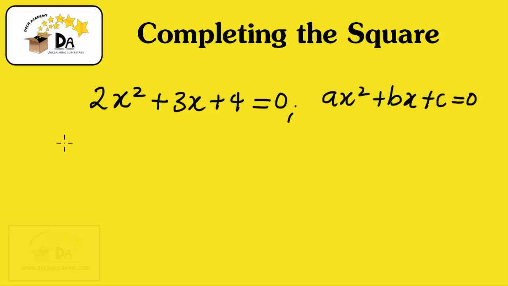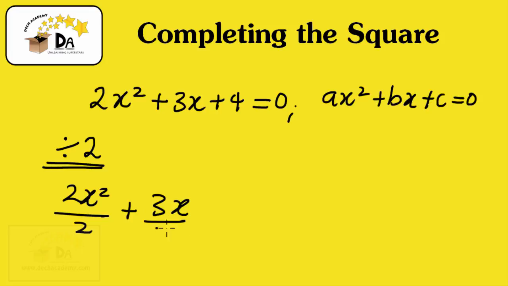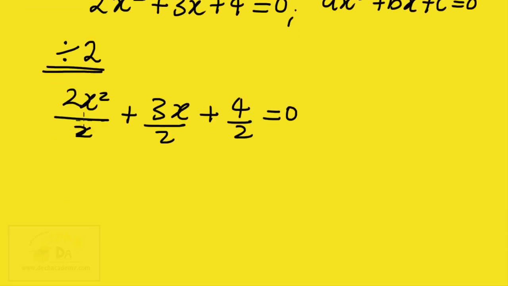So dividing this equation through by 2 gives 2x squared divided by 2 plus 3x divided by 2 plus 4 divided by 2 equals 0 divided by 2.